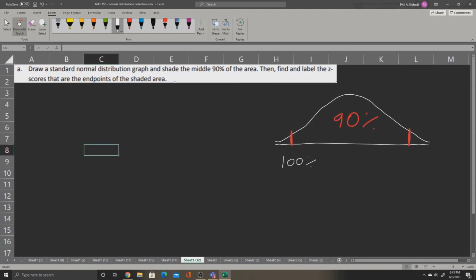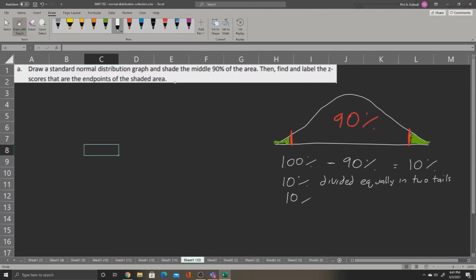We'll need to find out how much is inside of this little left tail and this right tail. So we take the 100%, subtract 90%, which gives us 10%. That 10% will be divided equally between the two tails.